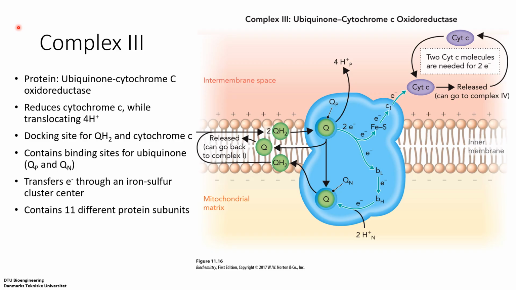In principle, we would have 4 protons released into the space, but at the same time, we take up 2 protons from the mitochondrial matrix, and so we actually get a release of all 4 into this, but 2 of them are kind of put back into the ubiquinol complex here.